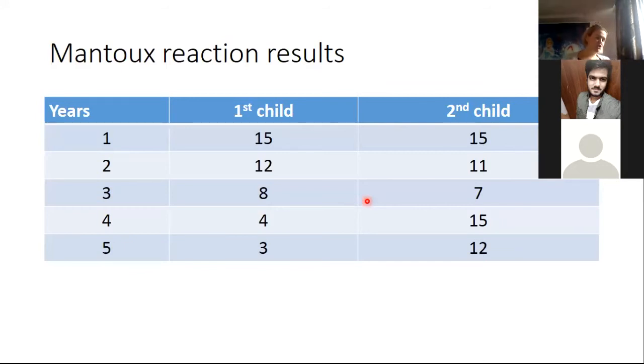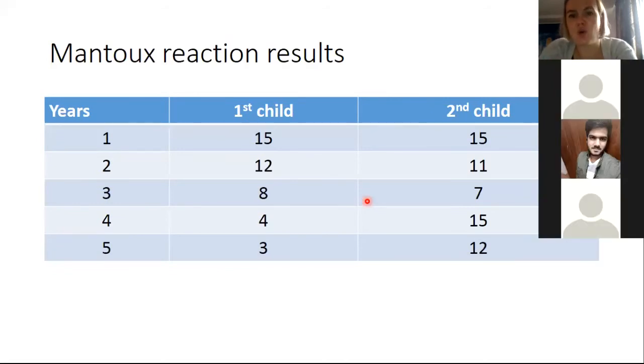Please switch on your microphone and tell me what the differences are in the two cases. What do you have to tell? This question is for Srujana, please. Only Srujana tell.